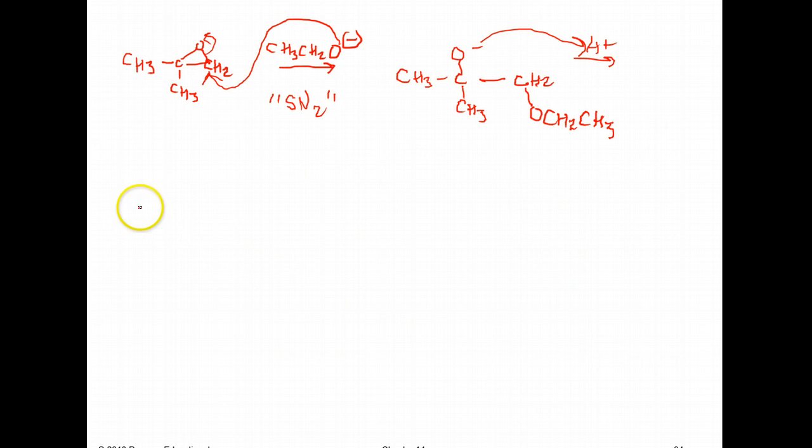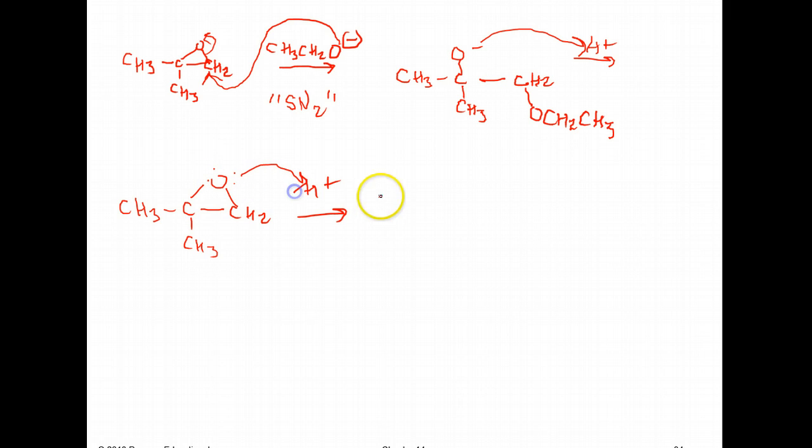Okay? Now, in the presence of an acid, what happens? Well, in this case, in the presence of an acid, you have kind of this carbocation formation. So the first step is you protonate. You protonated.